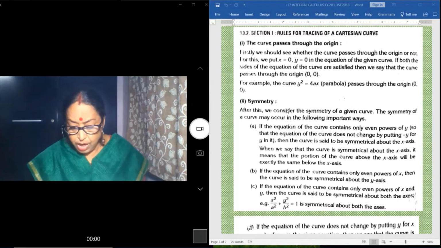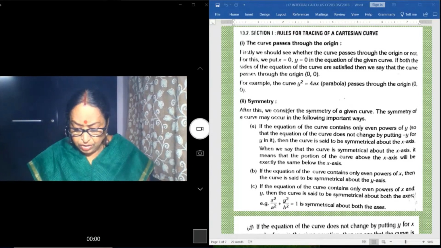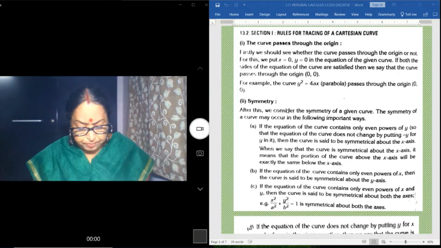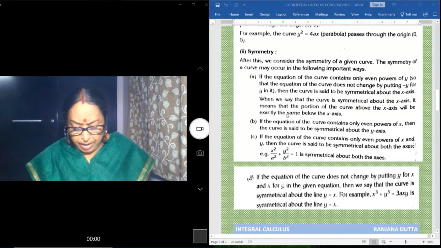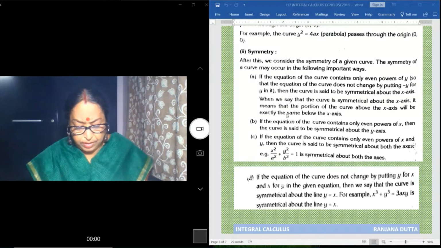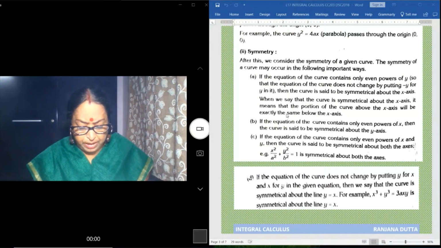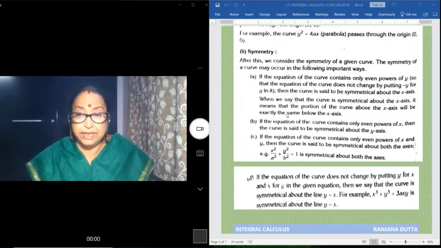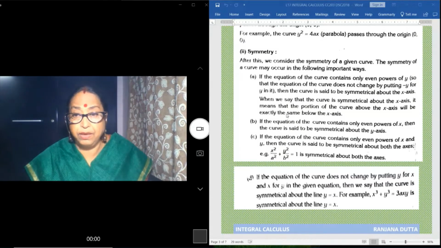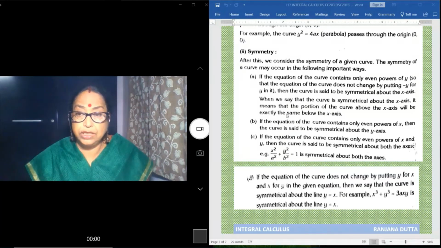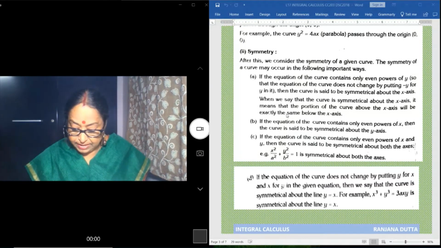To check whether it is symmetrical about the x-axis, put y equal to minus y. If the equation of the curve does not change, then the curve is said to be symmetrical about the x-axis.